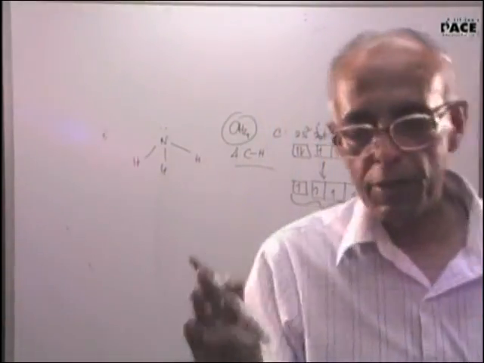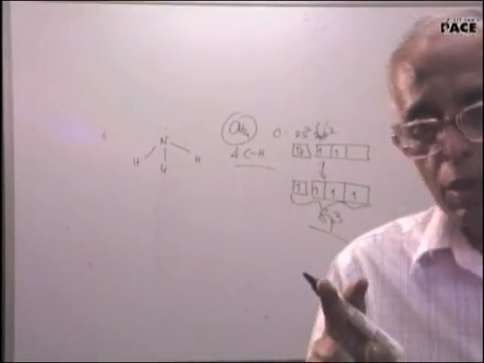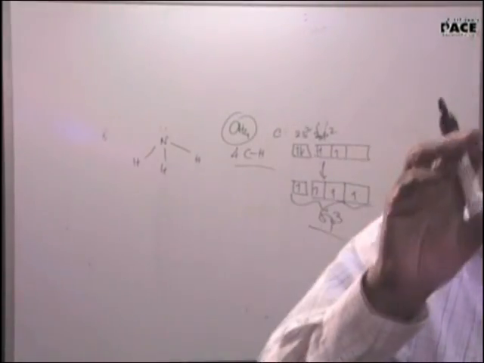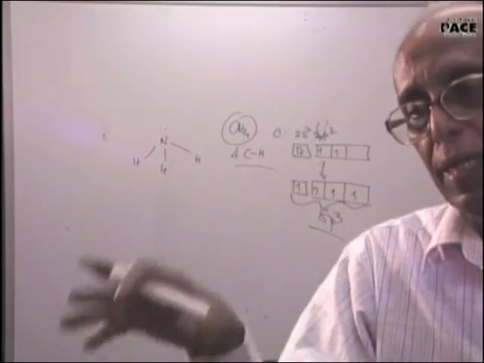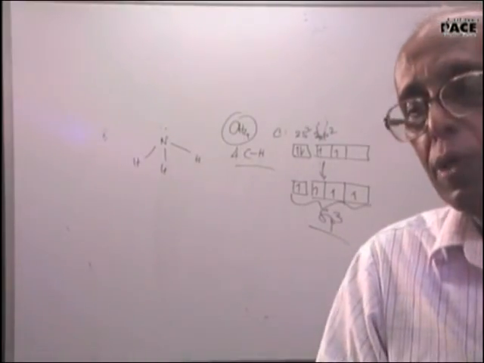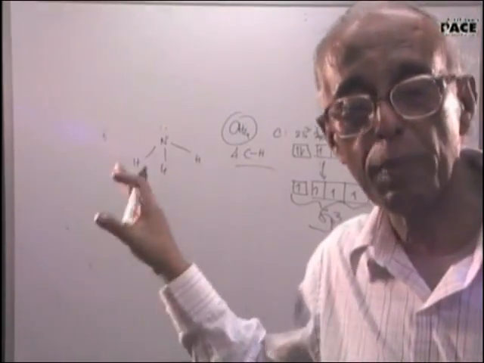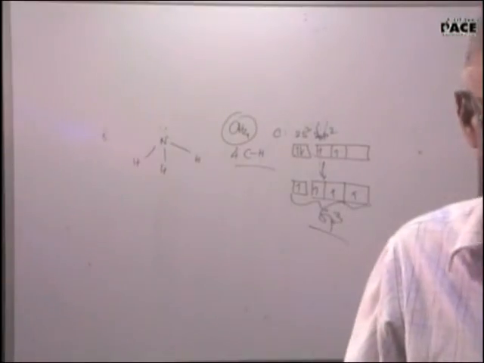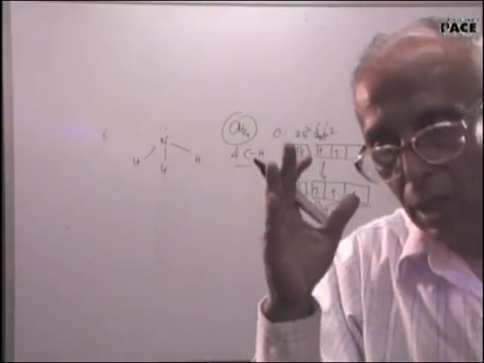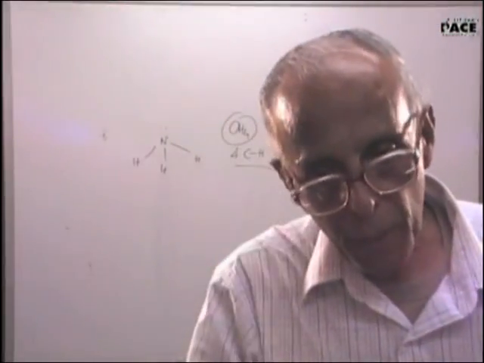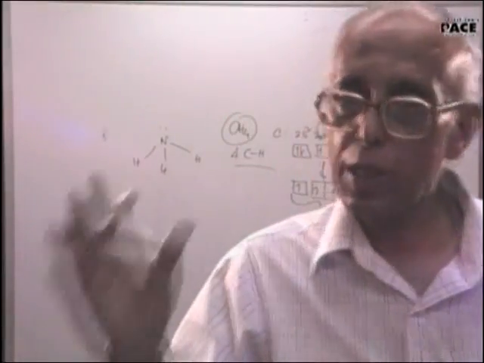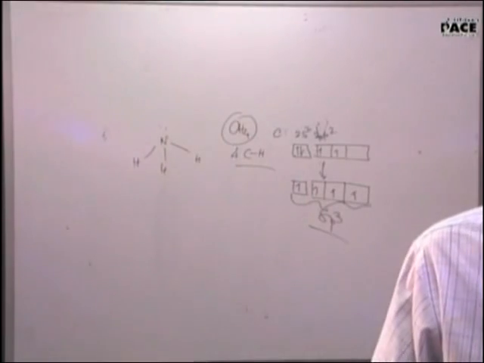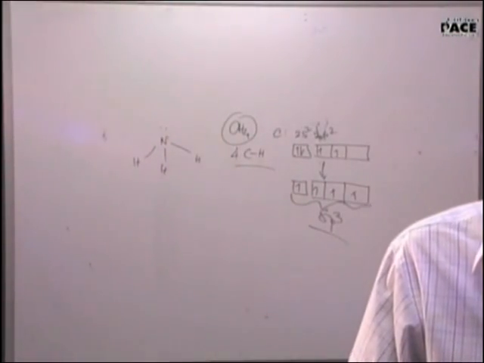There are 3 N-H bonds and a lone pair. So 3 sigma bonds and a lone pair are involved in the hybridization. So the number of hybrid orbitals will be 4, so it is sp3. The number of sigma bonds plus the number of lone pairs is equal to the total number of hybrid orbitals.